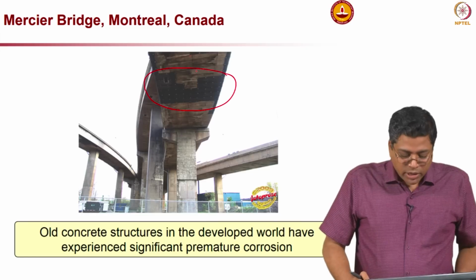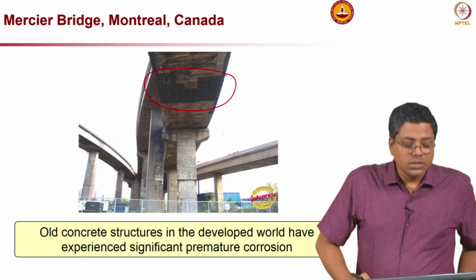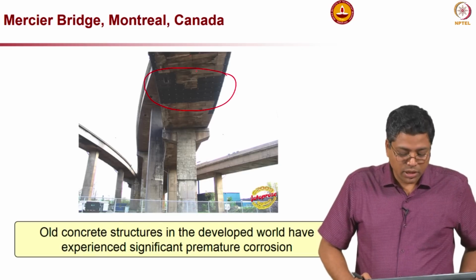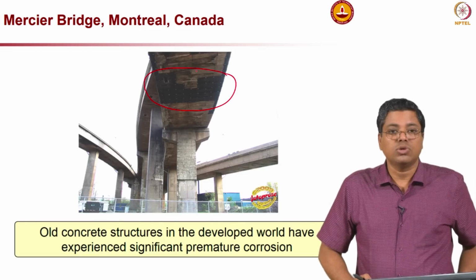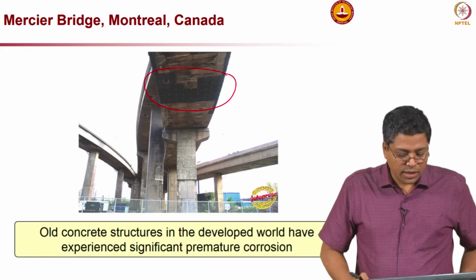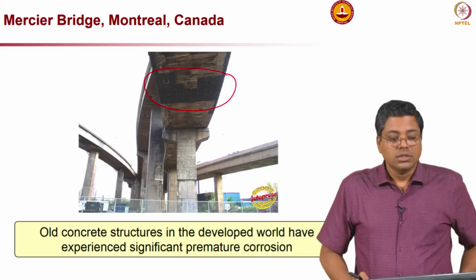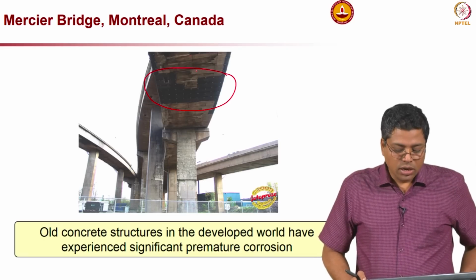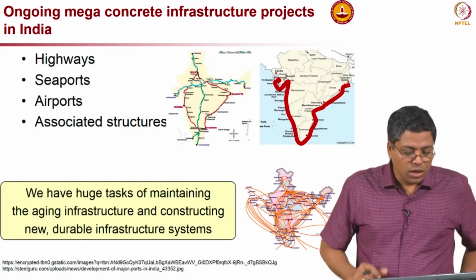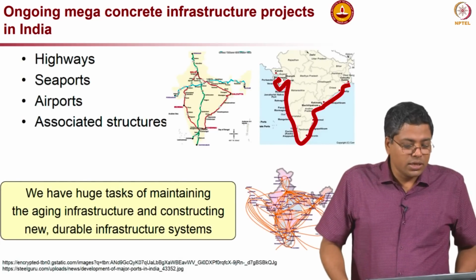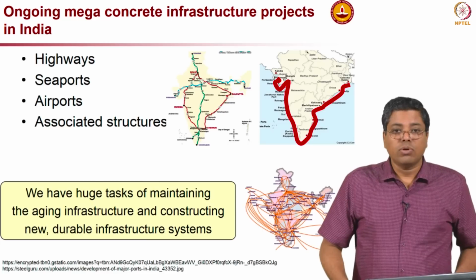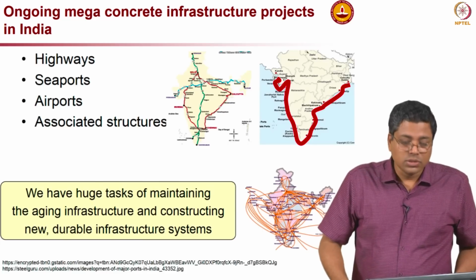So, the point here is there are concrete structures abroad and in the developed world which have experienced significant premature corrosion, and we can easily learn the lesson from that and make sure that the structures we are building today do not experience such premature corrosion. Now, what we are building today in India is a lot of highways, seaports, airports and associated structures.